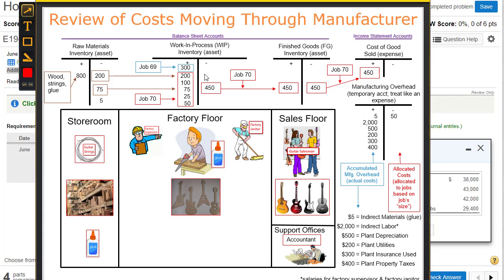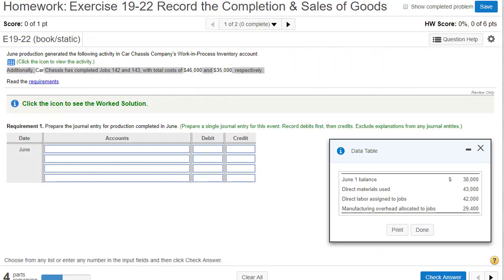When they leave this account, we're going to credit this WIP account, work in process, and then they're going to go over here to finished goods, and that will increase with a debit. Because we have to do debits before credits, we will do the finished goods inventory first.